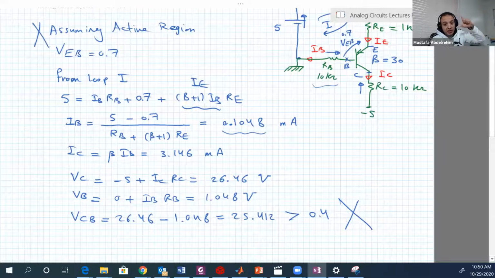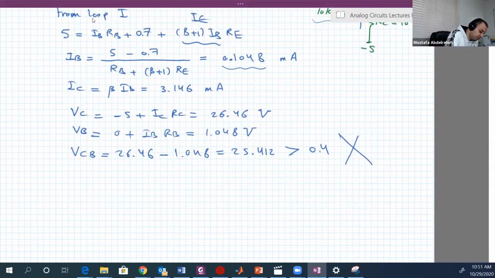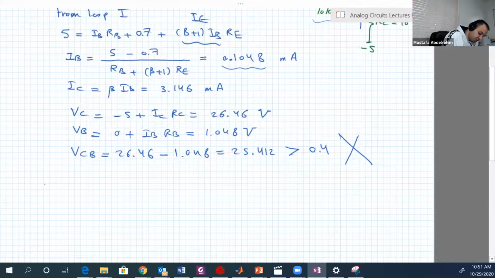That means that the junction is forward, and not just forward, this is forward with a massive voltage. It's not even 0.7, it's 25 volts. So the assumption is incorrect, because active means it should be reverse. So we're going to assume saturation.